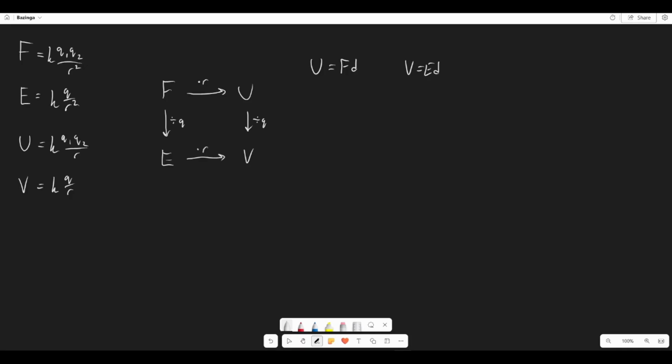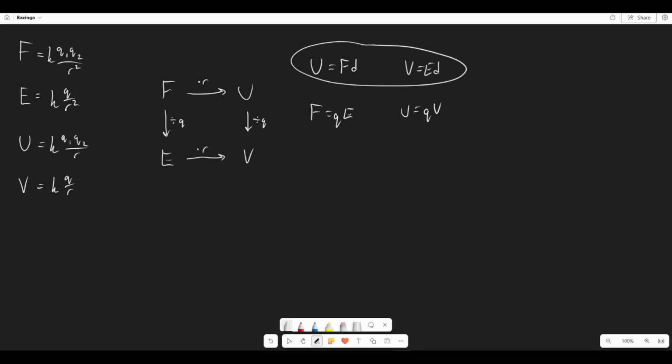And then we have F by Q equals E and U by Q equals V. These are also commonly expressed as F equals QE and U equals QV.